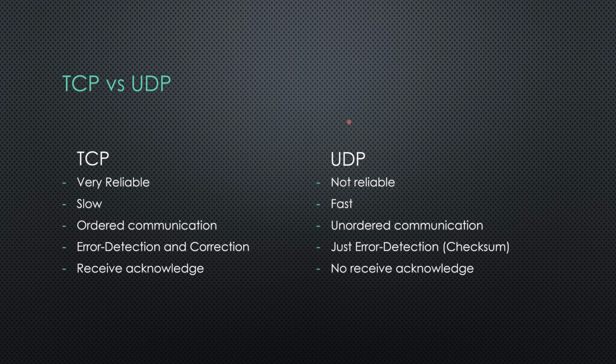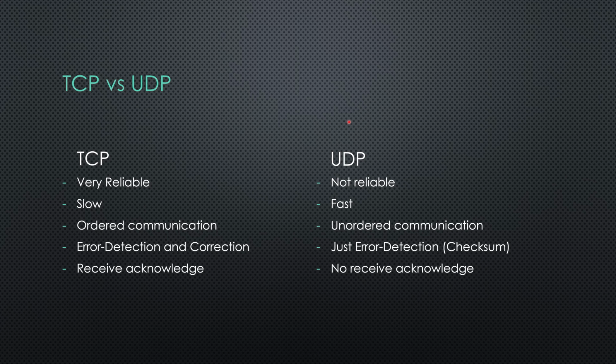Alright, so let's take TCP and UDP side by side. First of all, TCP is very reliable, while UDP is not. On the other hand, UDP is fast, while TCP is not. TCP allows ordered communication, so everything that we send will arrive in the same order. UDP is not ordered.